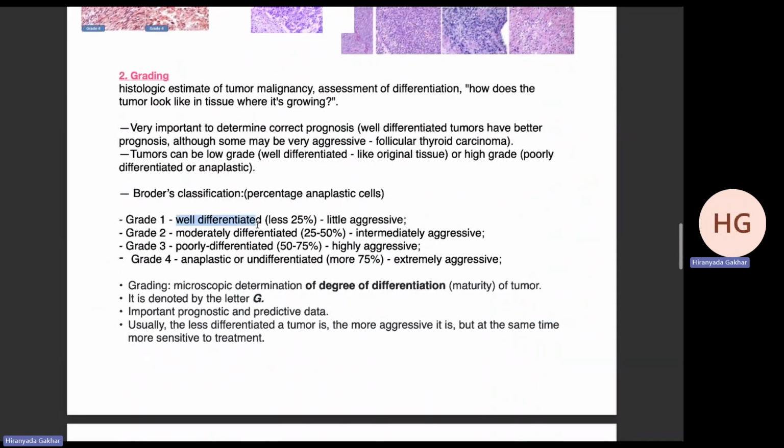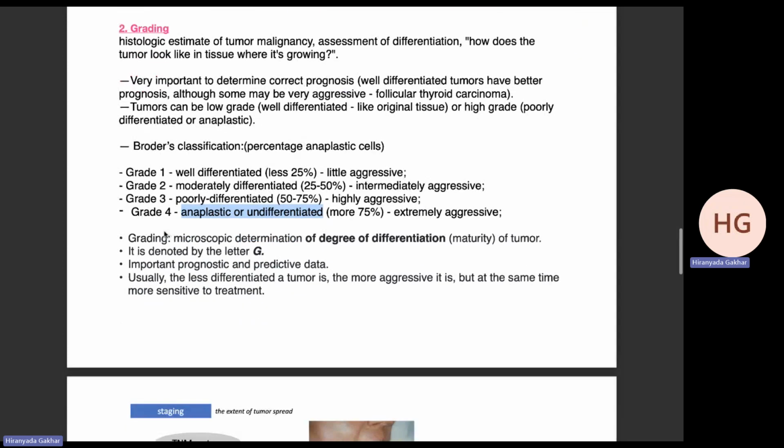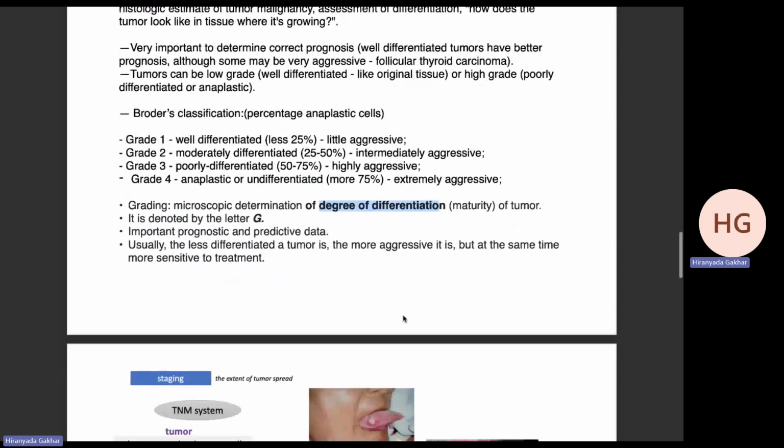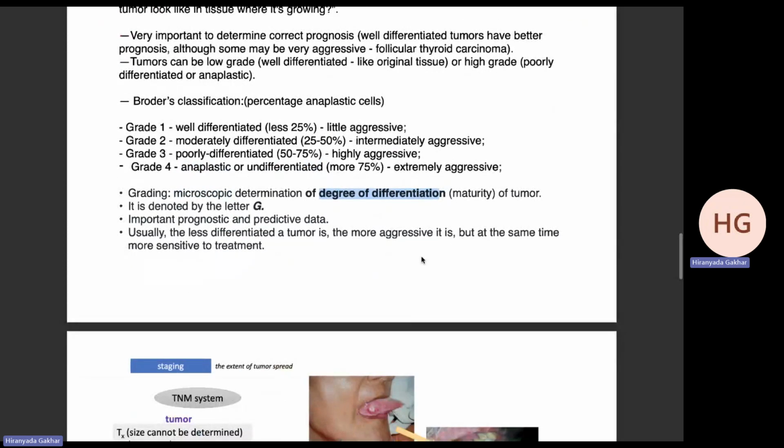So we have the well-differentiated, the moderately differentiated, the poorly differentiated, or the anaplastic or undifferentiated, which are extremely aggressive and do not resemble the native tissue from which they arise. So grading is usually done microscopically, and of course, we tell the degree of differentiation of the tumor. So this was about grading.